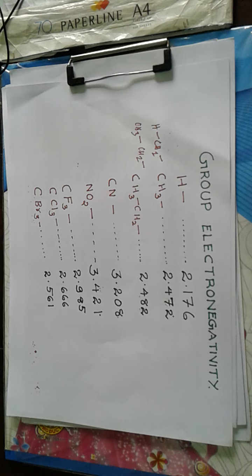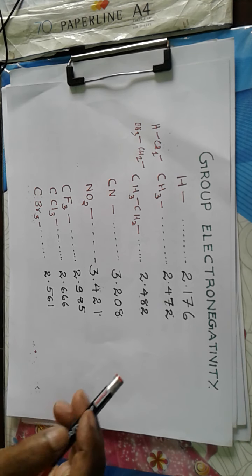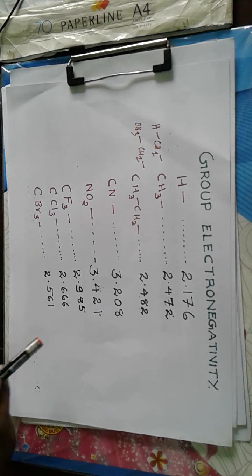In CCl3 it is less, because chlorine is less electronegative than fluorine, 2.666. In CBr3, where Br is even less electronegative than chlorine, the group electronegativity is 2.561. So group electronegativity values are helpful in assessing the minus I effect of various groups.